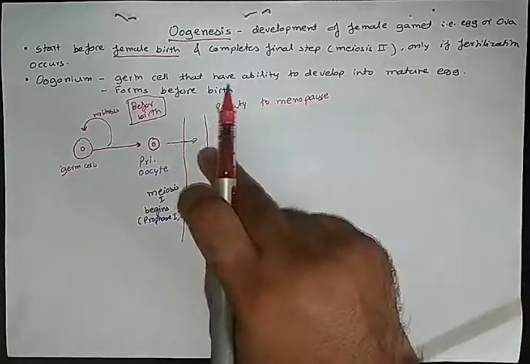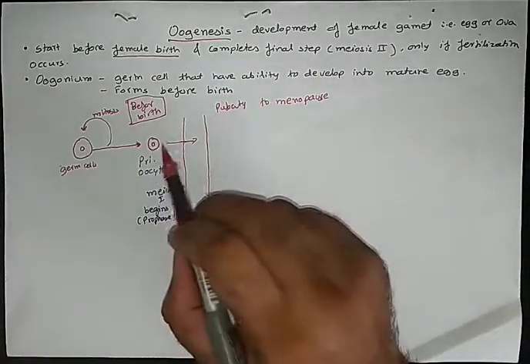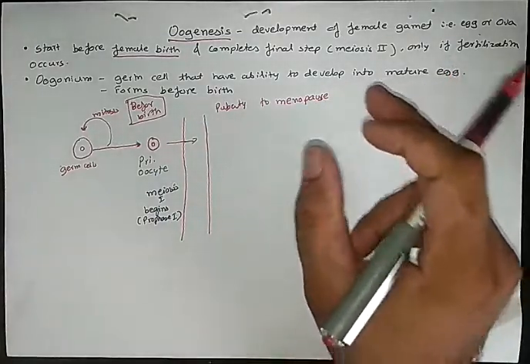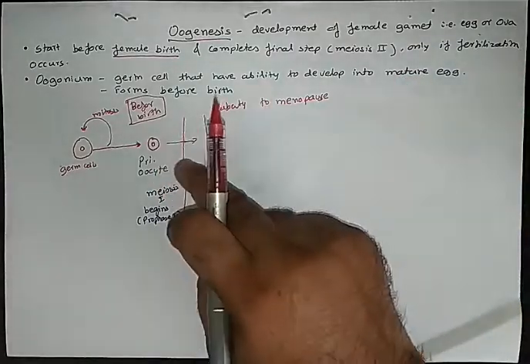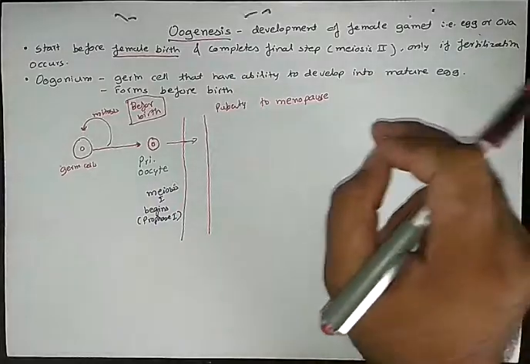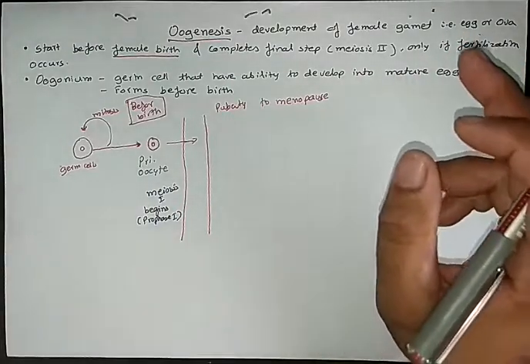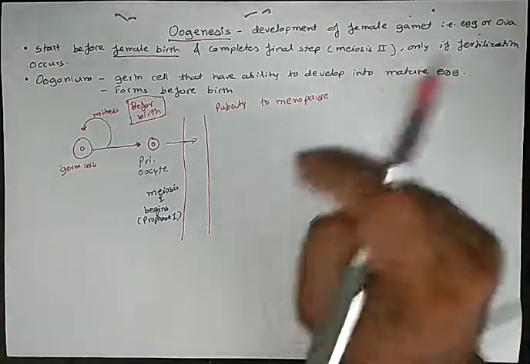So during this phase, these primary oocytes develop. The primary oocyte converts into the secondary oocyte, and then the secondary oocyte converts into the egg or ova. We will see in detail.